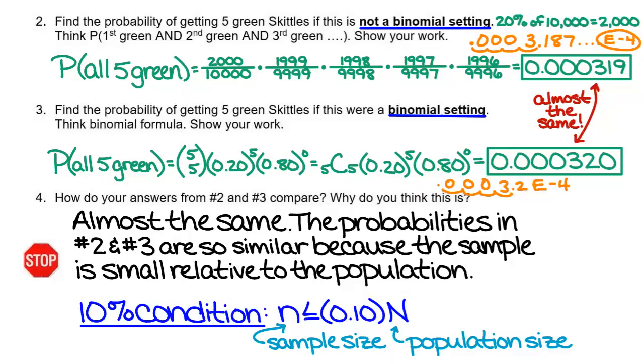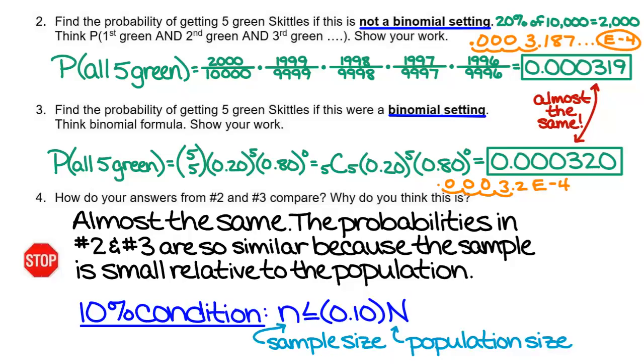So what the 10% condition lets me do is look at a situation that's almost binomial, but it's violating that independence criteria. As long as my sample is smaller than 10% of the overall population, the changes that happen when I sample without replacement are so small that we can basically ignore them.